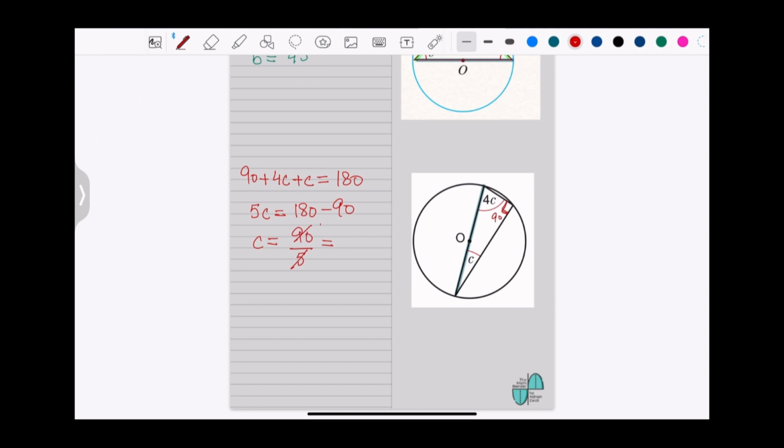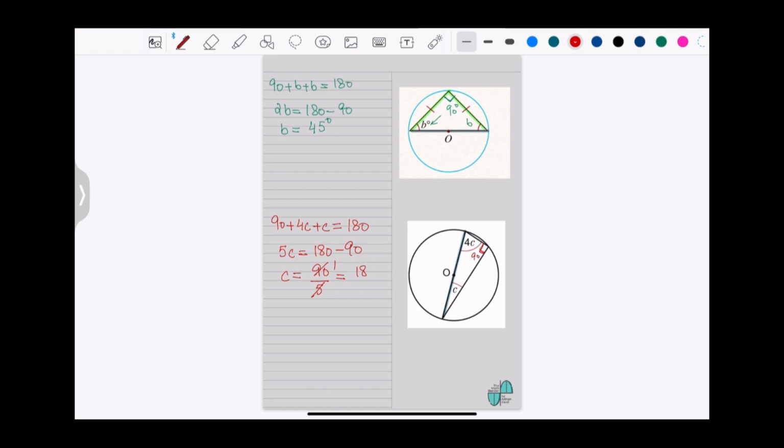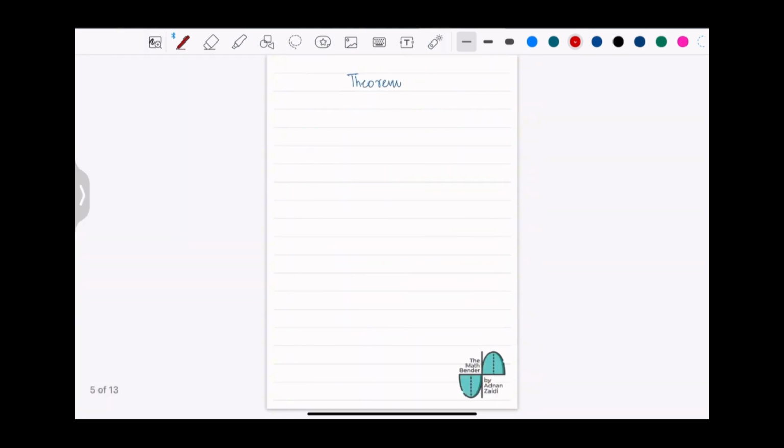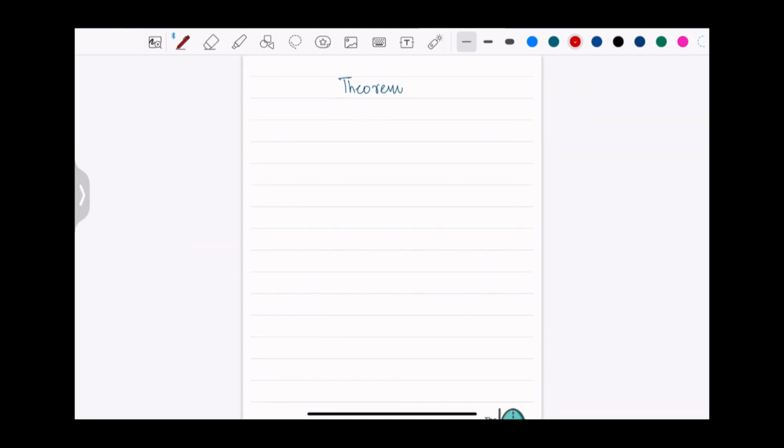So 5 times 18 is 90. The value of C is 18. You can find the rest of the angles. Now let's look at another theorem here.